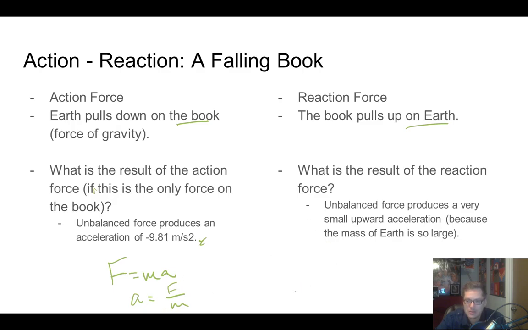On the other hand, the acceleration is still force over mass, but the mass of the earth is pretty big, especially compared to a book. So even though the force is just as big, you get a much smaller acceleration because you're dividing by a much, much bigger number.